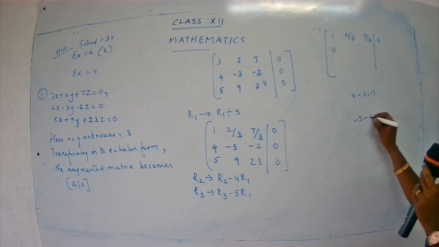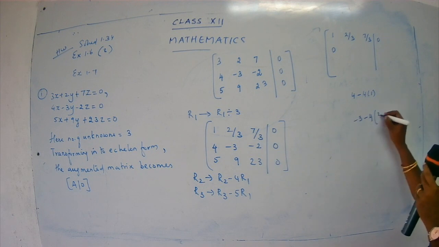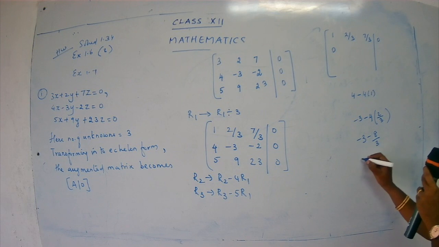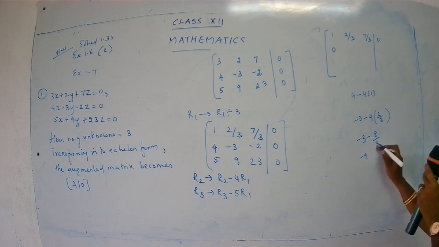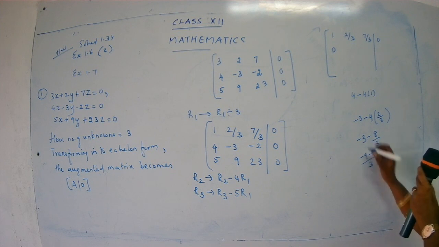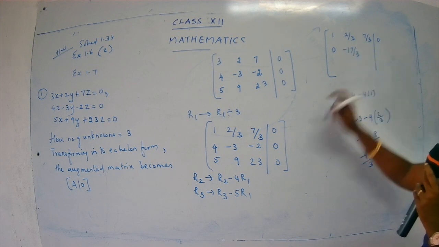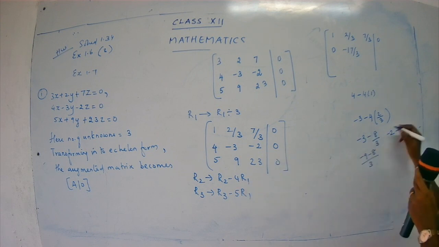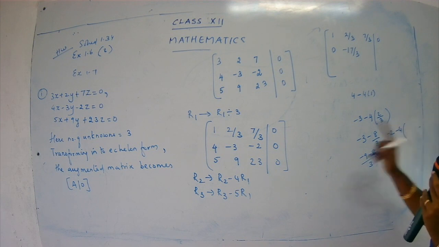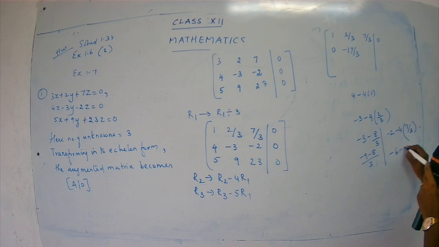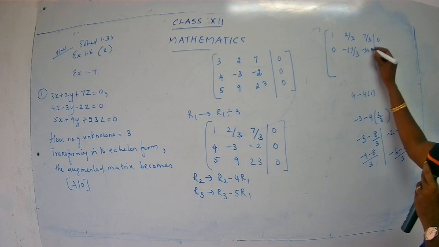Minus 3 minus 4, 2 by 3. So minus 3 minus 8 upon 3, minus 9 minus 8 upon 3, minus 17 upon 3. Minus 2 minus 4R1, R1 7 by 3. So minus 6 minus 28 upon 3, minus 34 upon 3.